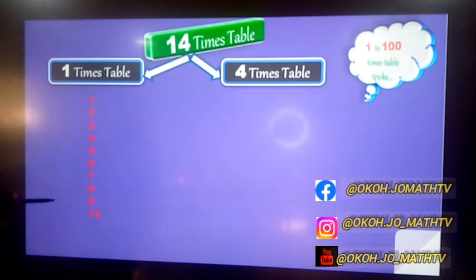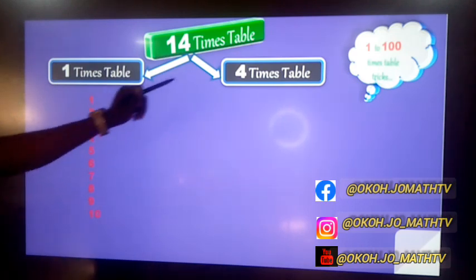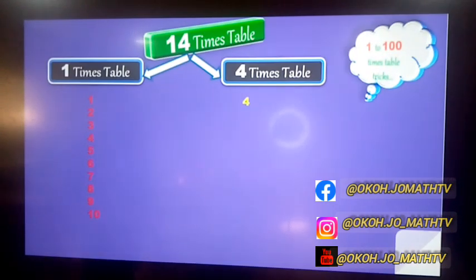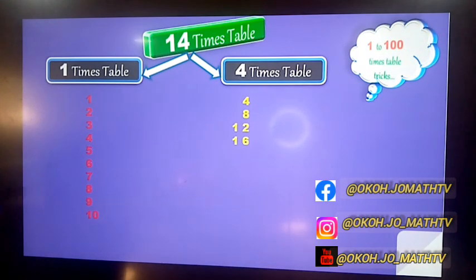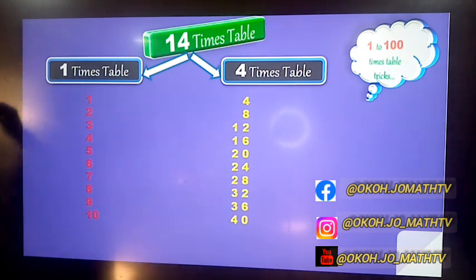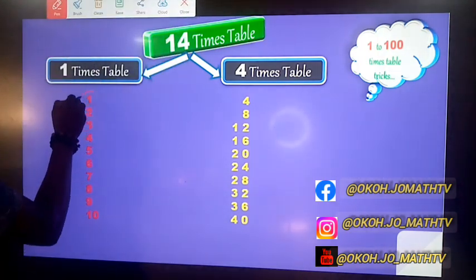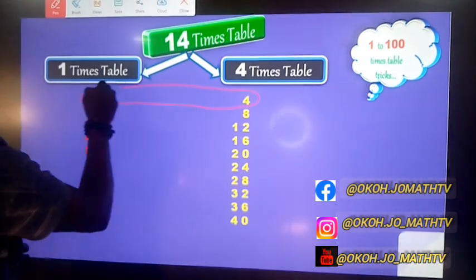Stop at 10 times 1. Then the 4 times table to 4 times 10 again, which is 4, 8, 12, 16, 20, 24, 28, 32, 36 and 40. At this point, what this trick is trying to tell us is how we can bring these two together. Is that okay?